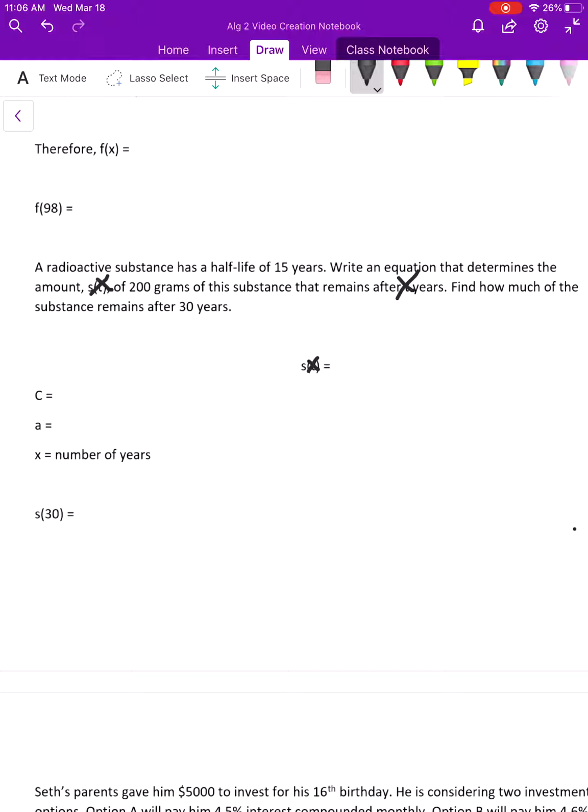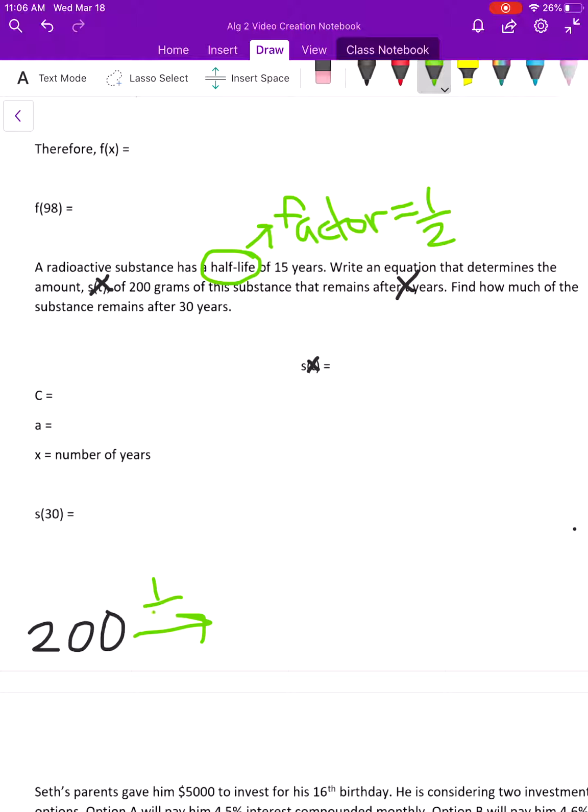So we haven't talked a lot about half-life yet, but when you think about half-life, we're talking about a factor of 1/2. And so what it really means is that if we start with 200 grams of a substance, we're going to multiply by 1/2 to get 100, and then multiply by 1/2 to get 50.